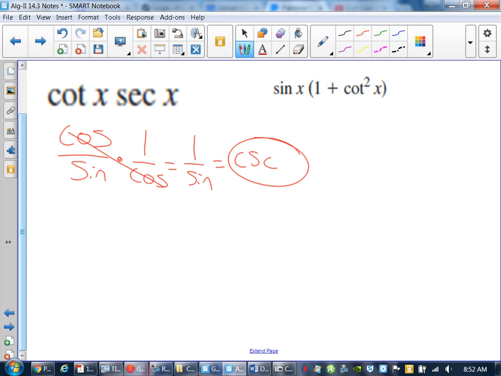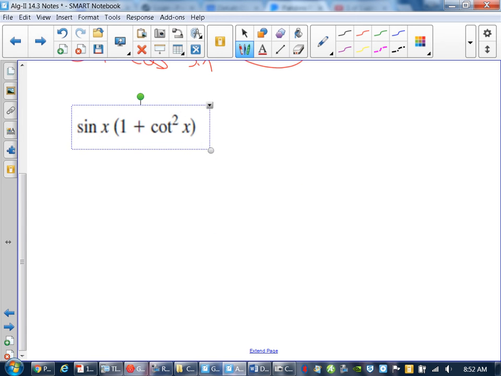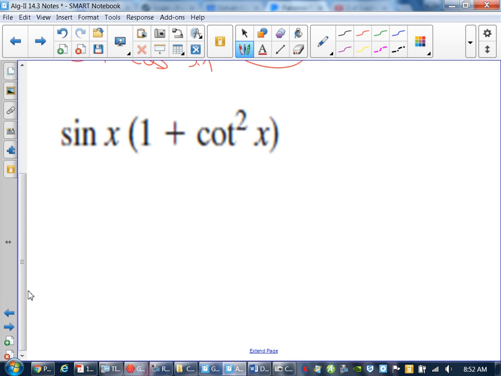Okay. All right. Now the next one, we have sine times the quantity 1 plus cotangent squared. Well, in this case, it's telling me that I need to distribute, or do I need to even do that?